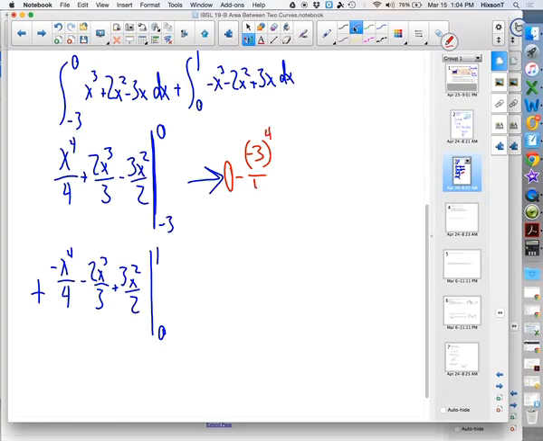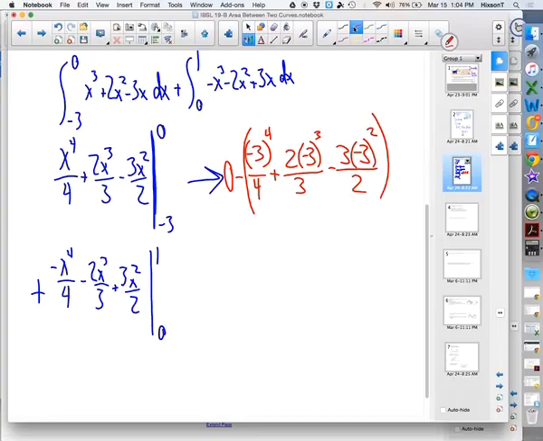-3 to the 4th over 4 plus 2 times -3 to the 3rd over 3 minus 3 times negative 3 squared over 2. Alright?